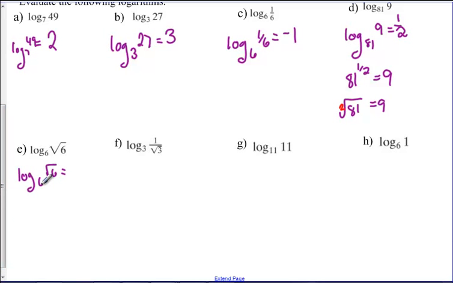All right, for E, the log base 6 of square root of 6, I could also rewrite that as log base 6 of 6 to the 1/2 power. You guys agree? It's equivalent? All right, well, 6 to what power is 6 to the 1/2 power?